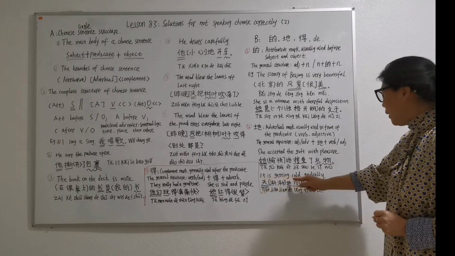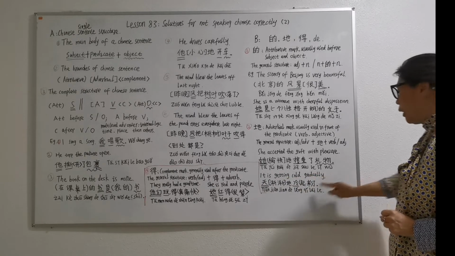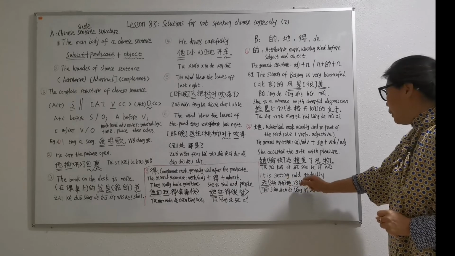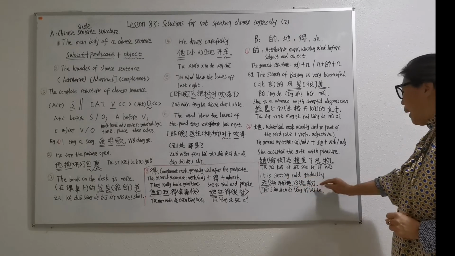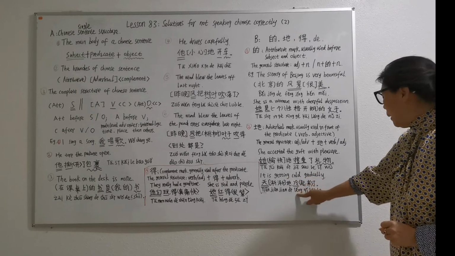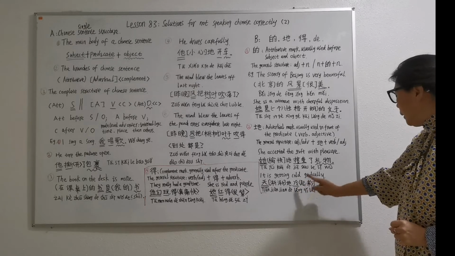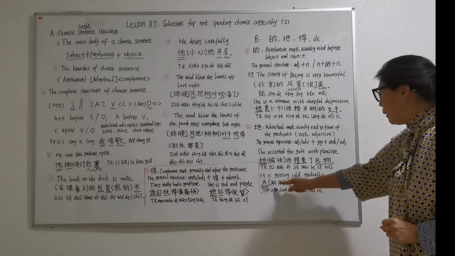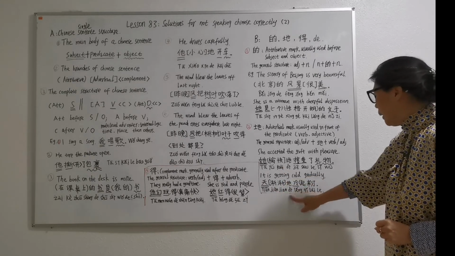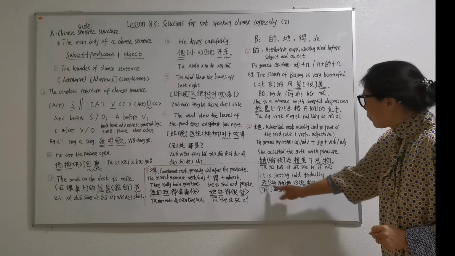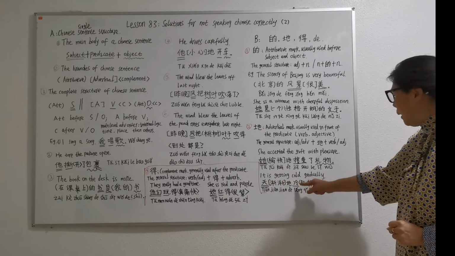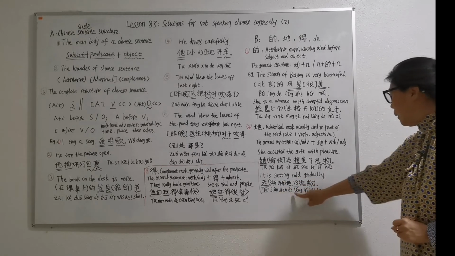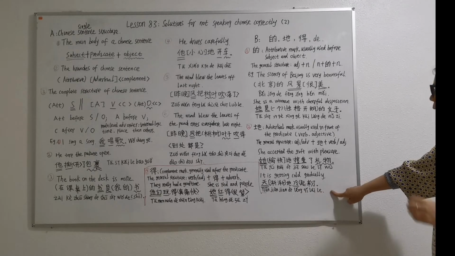It is getting cold gradually. It 天, is getting cold 冷起来了, cold 冷, gradually 渐渐地. So we say 天渐渐地冷起来了.